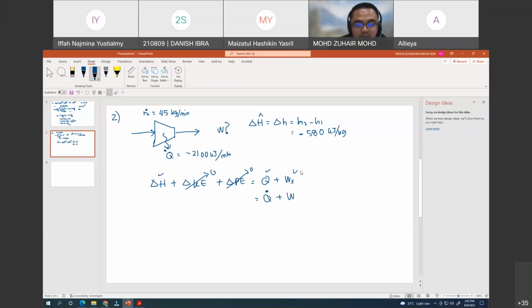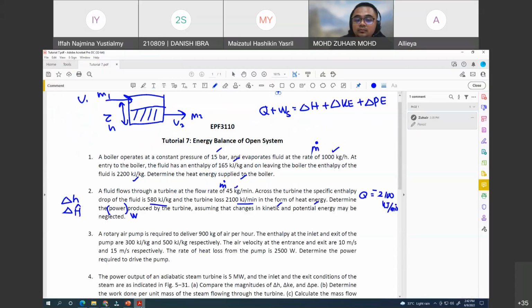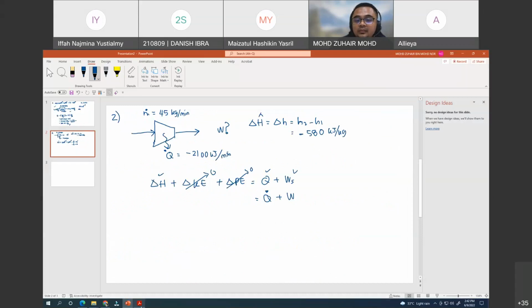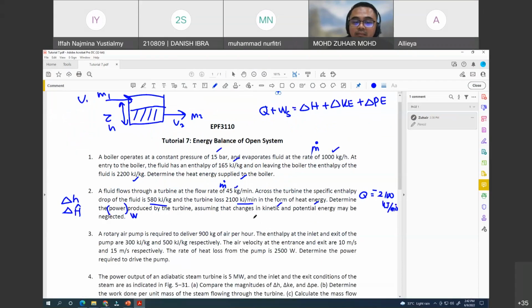So W pun dia kata, the question says: determine the power produced by the turbine. So the power should be in watt ataupun kilojoule per second. WS supposedly to be negative. Turbine loss.